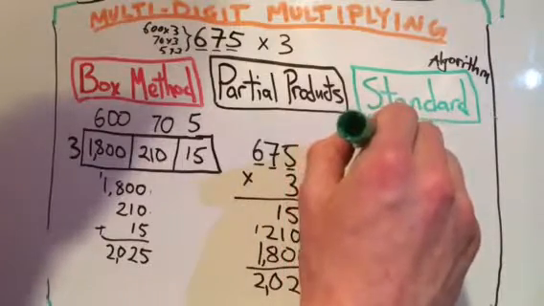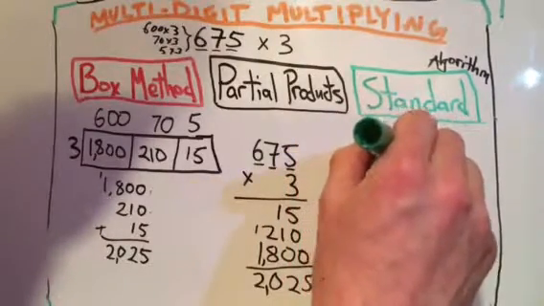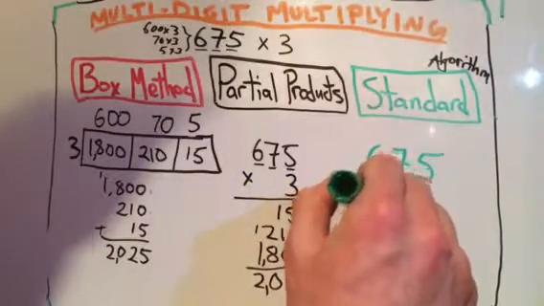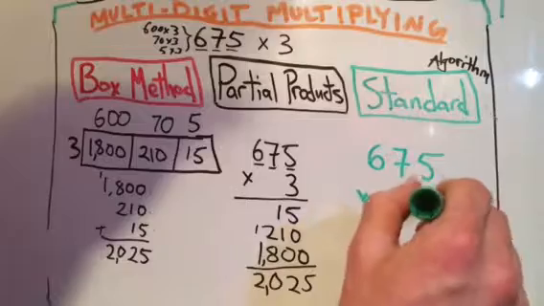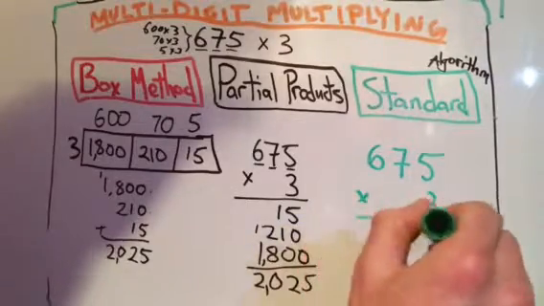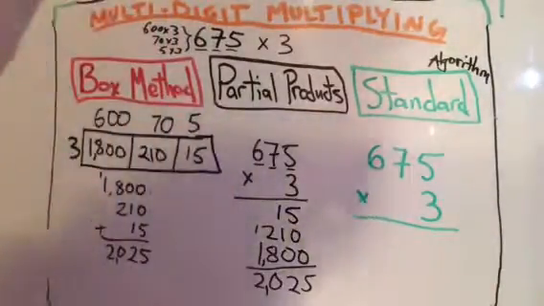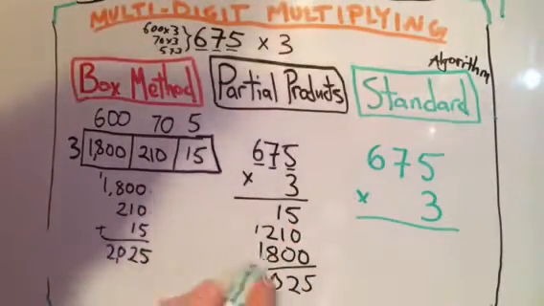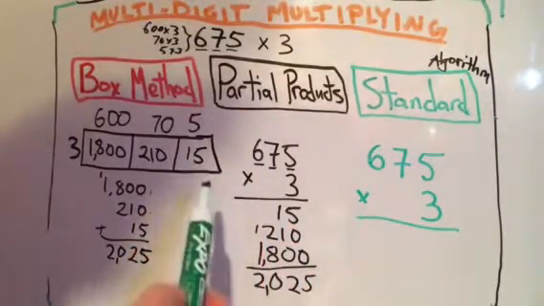Now, as I said before, the standard algorithm usually organizes everything in a smaller space. Sometimes it will take a little less time, but it usually has shortcuts that get away from the real understanding of why this works.